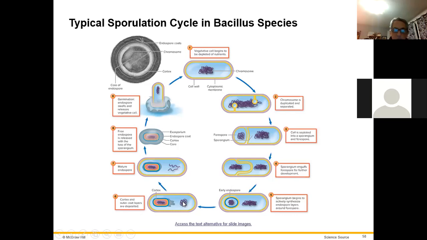Eventually this part of the cell will die off, and then in a more favorable environment, a new cell will start growing and germinate through the endospore, and you'll have a new cell that can start growing and replicating.